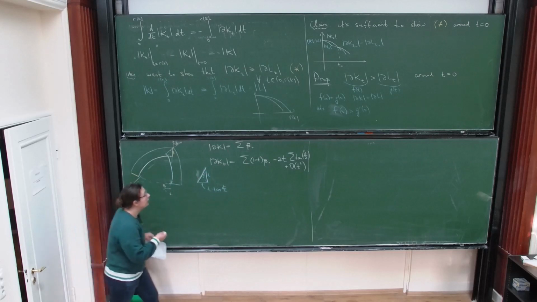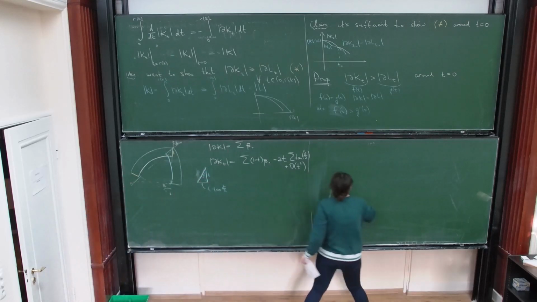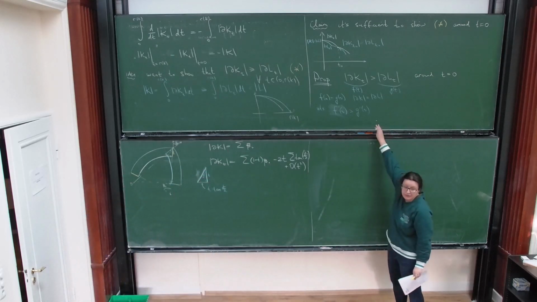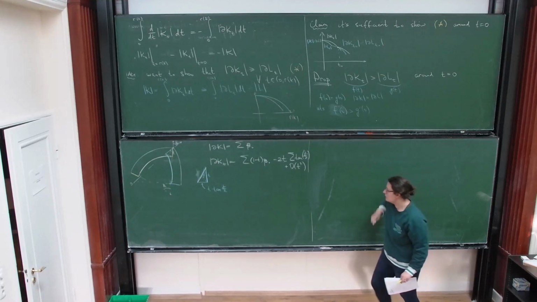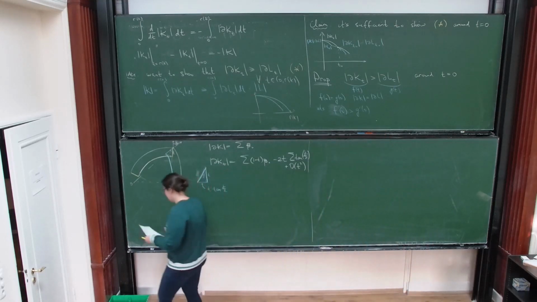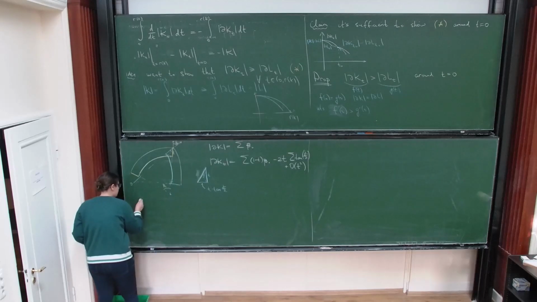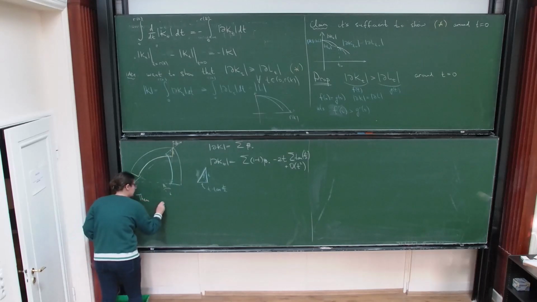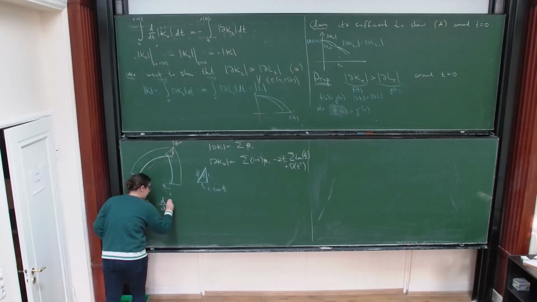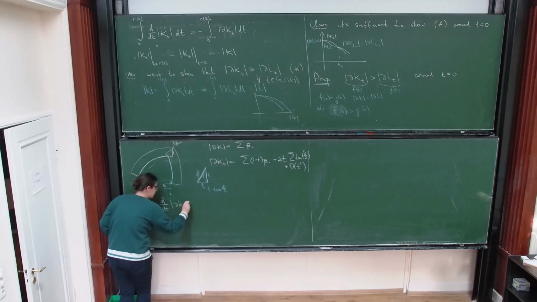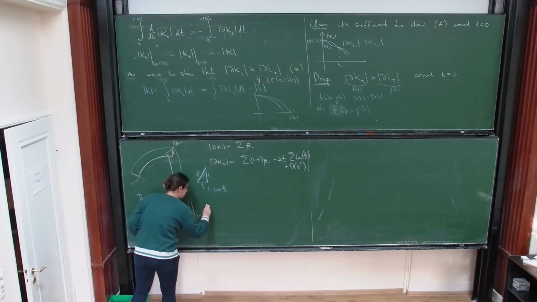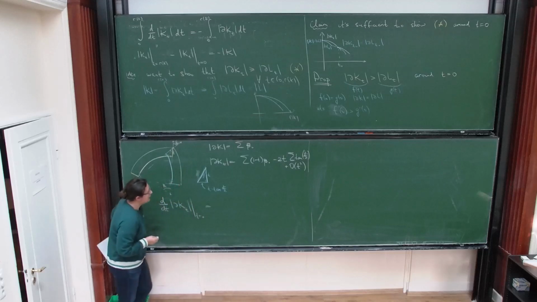So if this is the formula, then what do I need? I need to compute the derivative. So let's take the derivative of this expression at 0. What do I have?